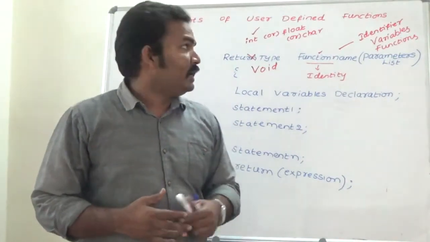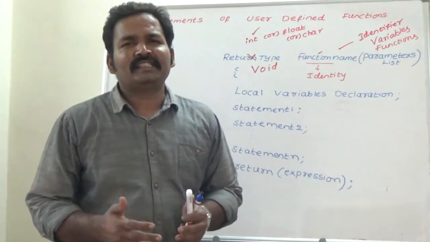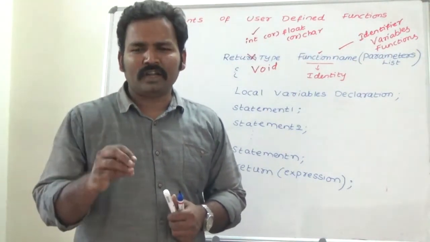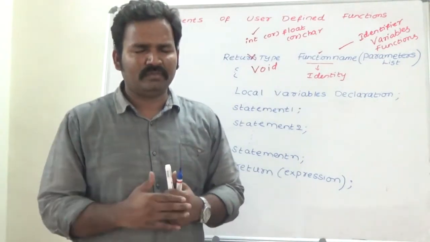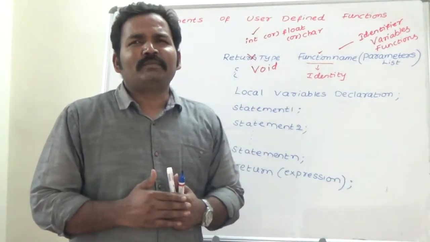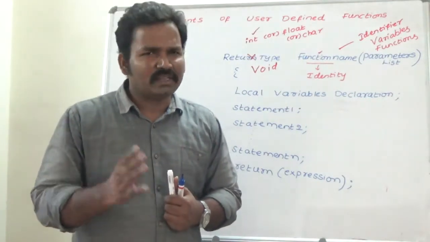Variable name is a combination of alphabets, digits and special characters. That is the first rule. Next, no special symbols are used except underscore.